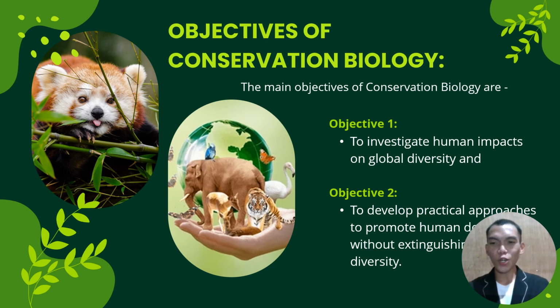So there are two objectives of conservation biology. When we say objectives, these are something toward which effort is directed, or simply ang goal ng conservation biology. First, or objective number 1, to investigate human impacts on global diversity.